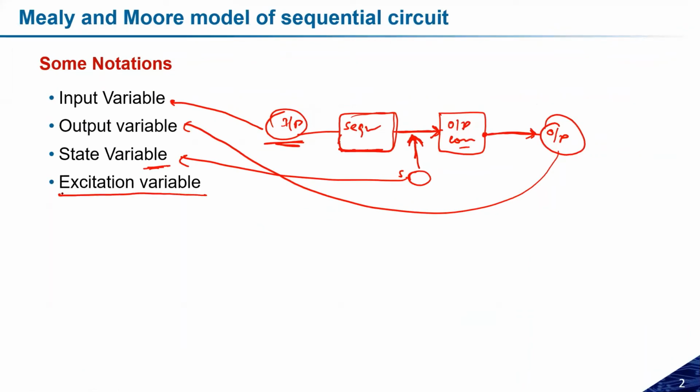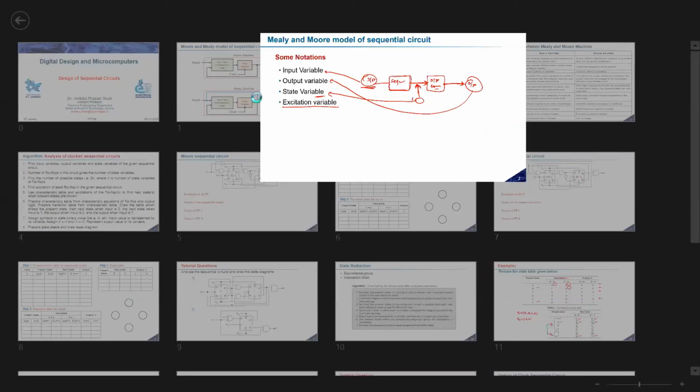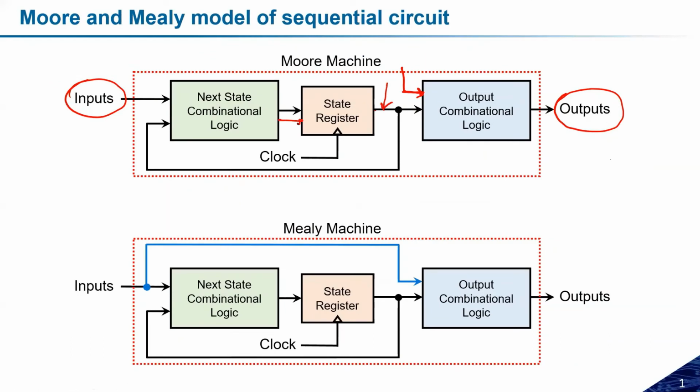Excitation variables are the inputs to the memory elements. Whatever input we provide to the memory elements are the excitation variables. So state variables are the outputs of the memory or flip-flop, and excitation variables are its inputs.